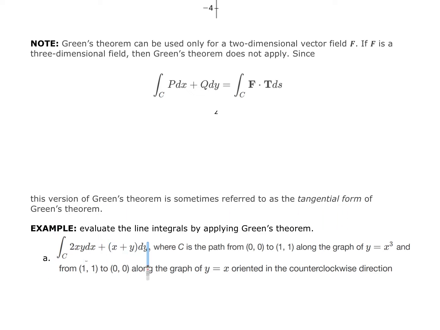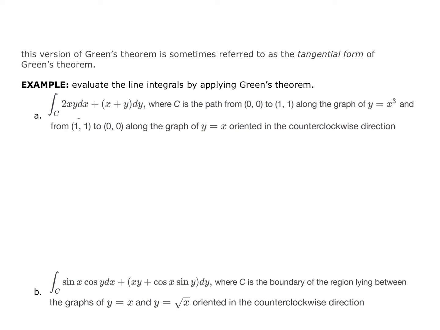If we're asked to evaluate the line integral by applying Green's theorem over this curve C of 2xy dx plus (x plus y) dy, where C is a path from (0, 0) to (1, 1) along y equals x cubed, and from (1, 1) to (0, 0) along y equals x, oriented counterclockwise, what exactly is going on?